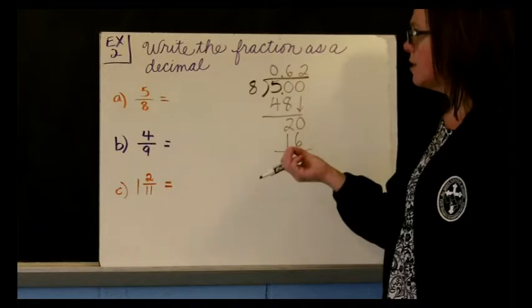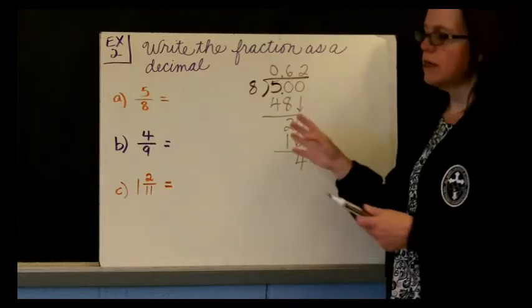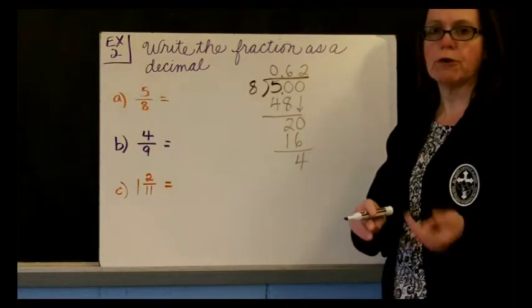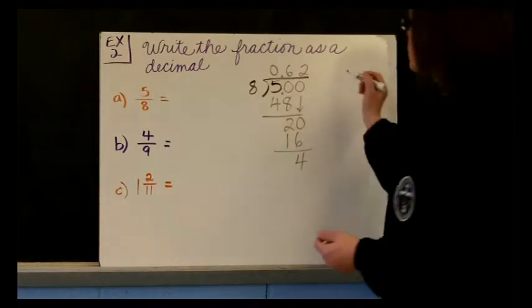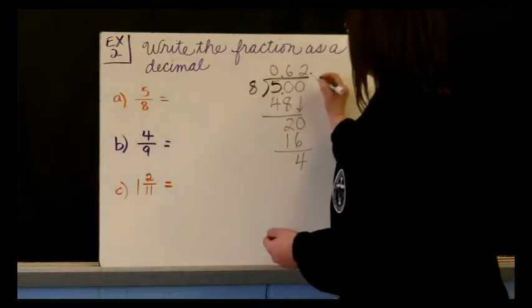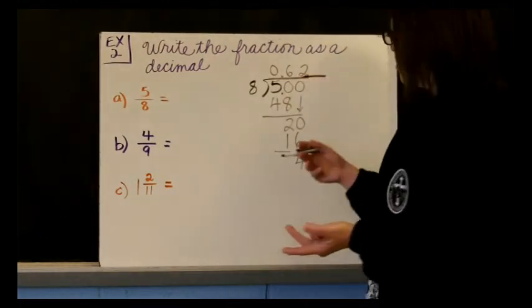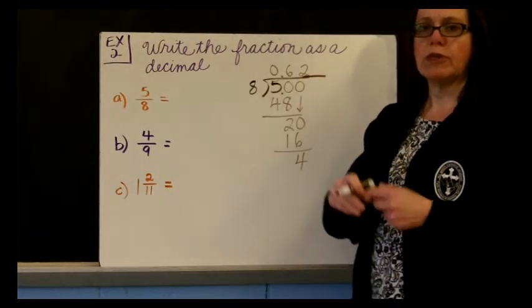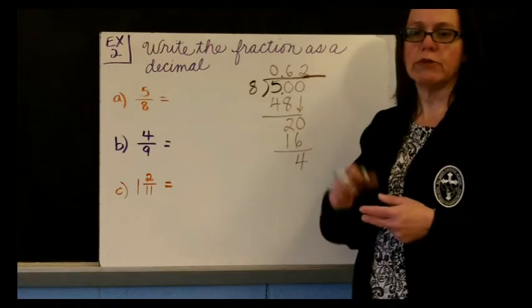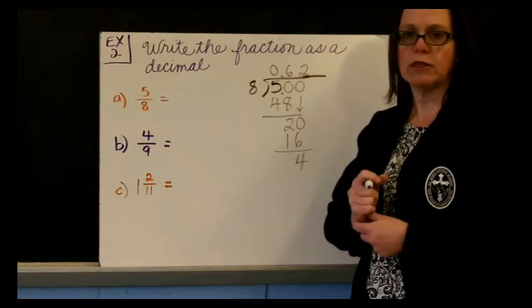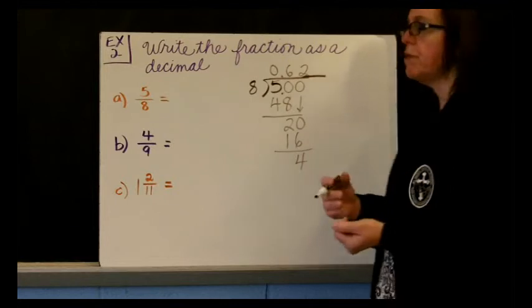Now the key to this, even though this skill is something you learned probably as far back as 5th grade, I want you to understand that we're not going to be using a remainder. We want to take this as far as we can. We need to see if this decimal will either terminate, if our division will end, or if we'll have some numbers that repeat.